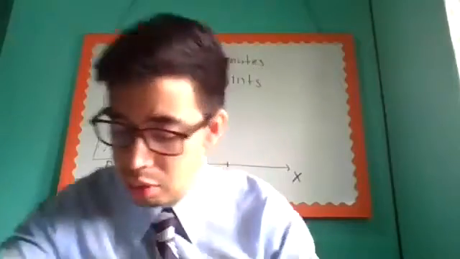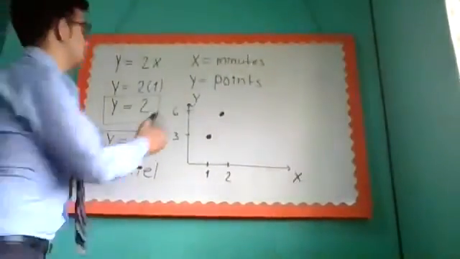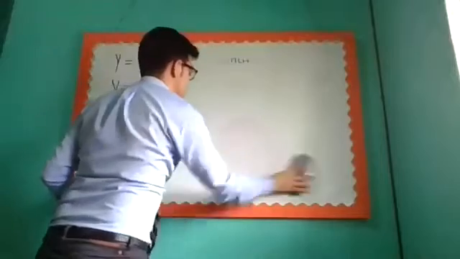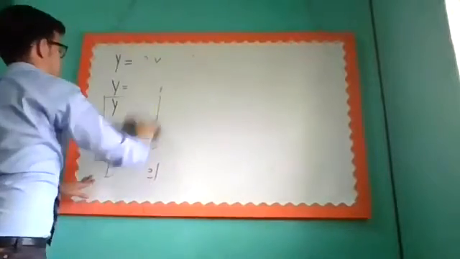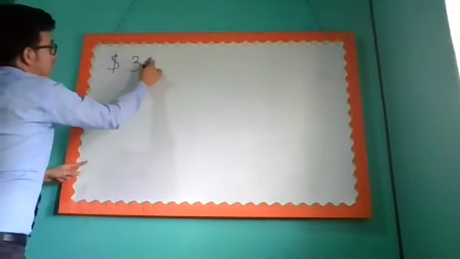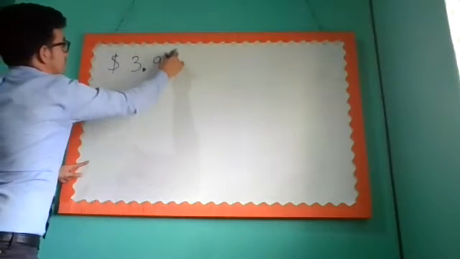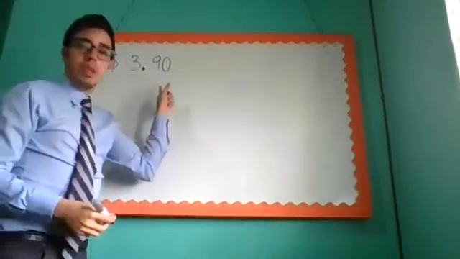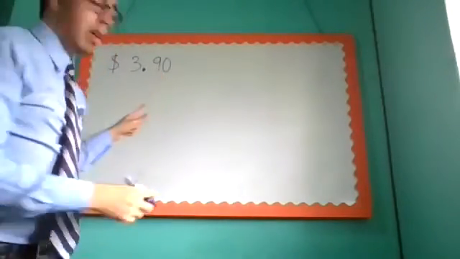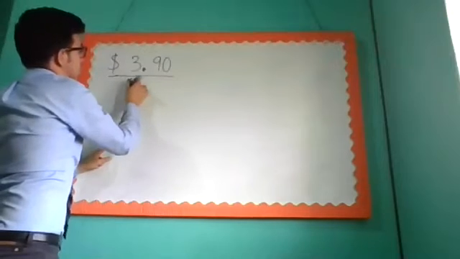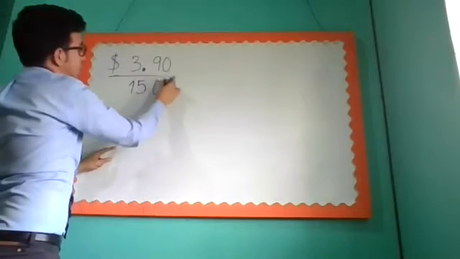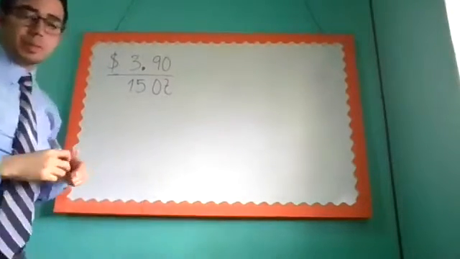So I'm going to erase this part so I can represent it with you. Okay. You have in the first one $3 with 90 cents. This is the cost for 15 ounces of the raisin cereal.